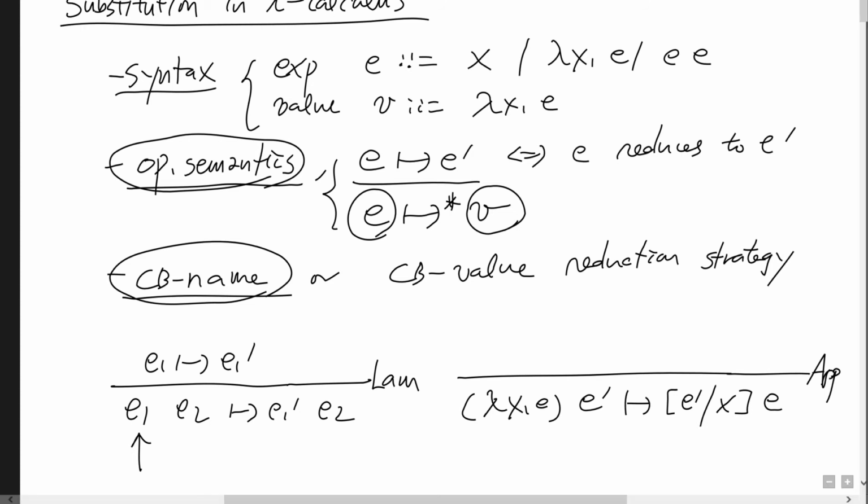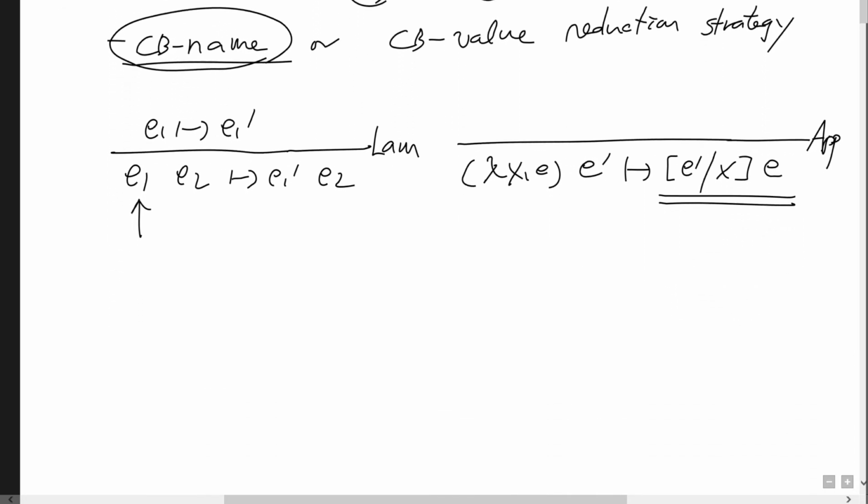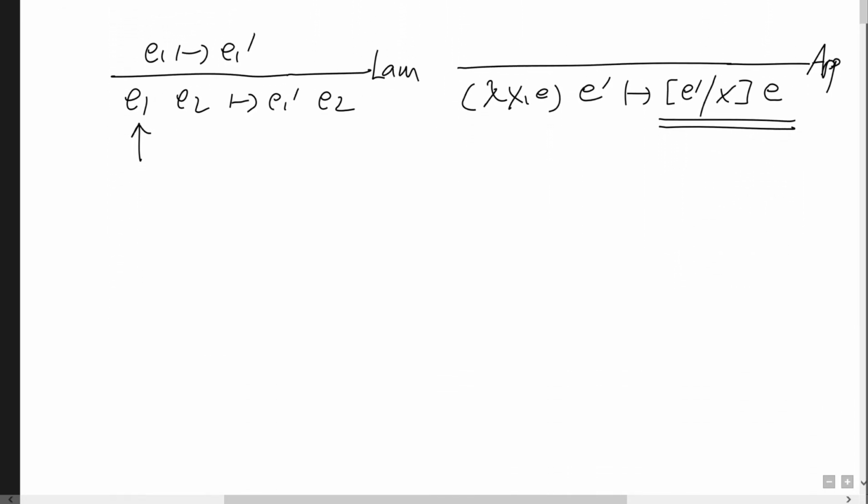And the idea behind this substitution operation is actually simple. Informally, we'd like to substitute expression E prime for every instance of variable x inside expression E. That's the informal description of this substitution operation.